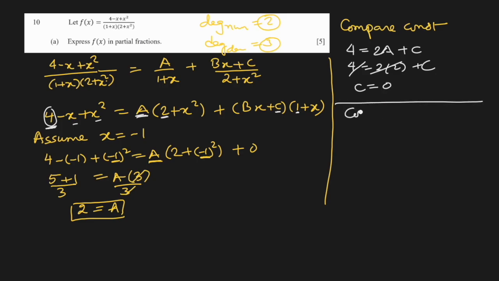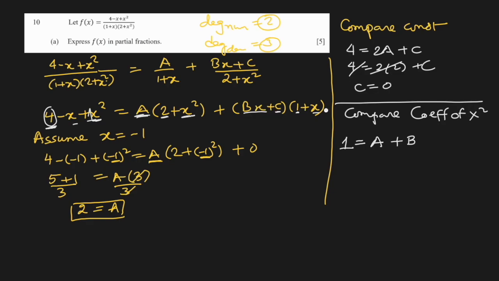Now we will compare coefficients of x squared. What is the coefficient of x squared here? 1. So on the left hand side we have 1. On the right hand side, a times x squared will give us x squared, so a is the coefficient. bx times x will give us x squared, so b becomes the second x squared coefficient.